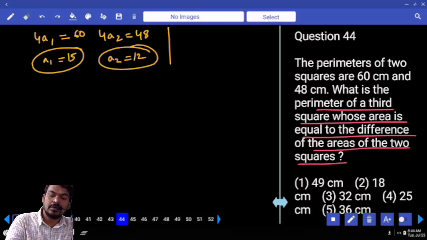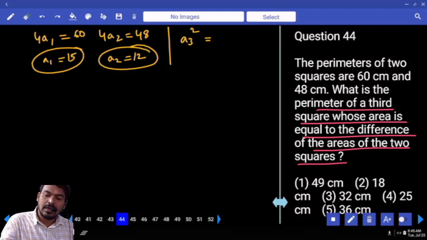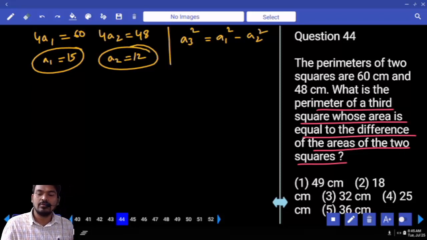Third square means a3 square, that is the area of the third square. It is equal to the difference between the area of the first and the area of the second. Area of the first is a1 square, area of the second is a2 square.